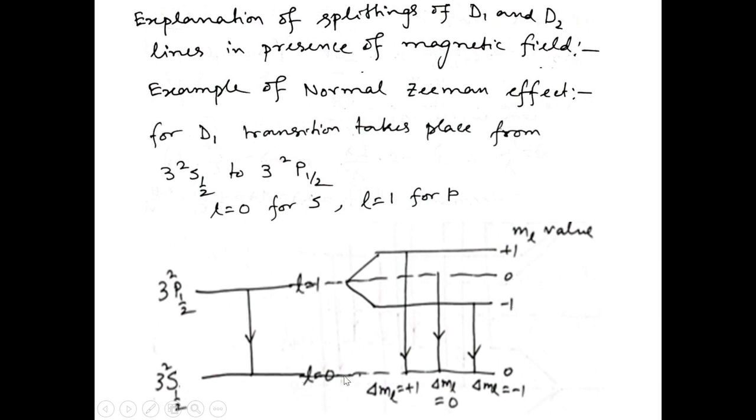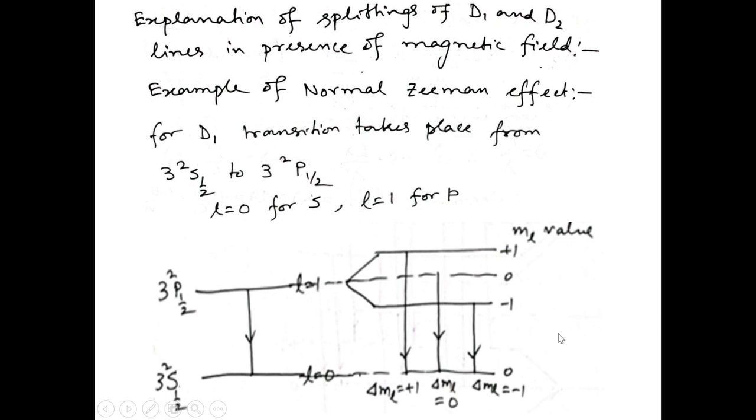It is the ML value column. So the transition will take place following the selection rule. Plus 1 to 0 means change is plus 1, 0 to 0 means change is 0, minus 1 to 0 means change is minus 1, that is delta ml plus 1, delta ml 0, delta ml minus 1. Follow the diagram carefully.